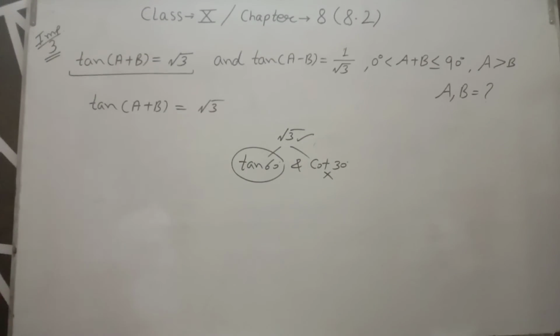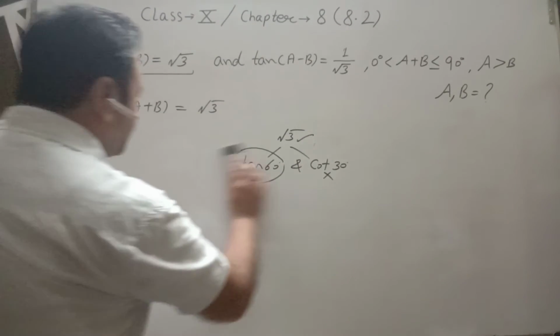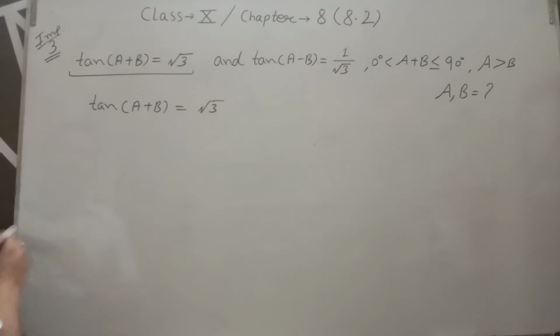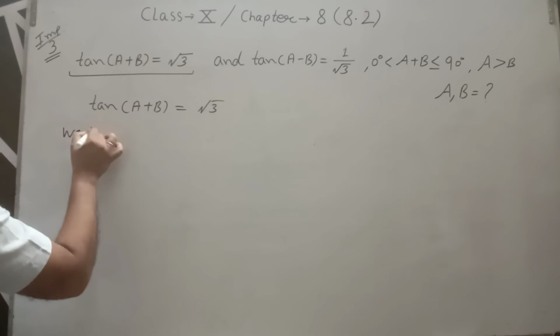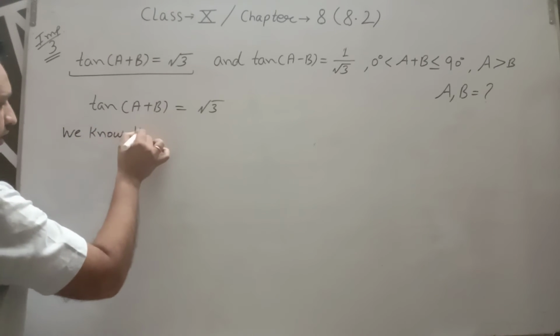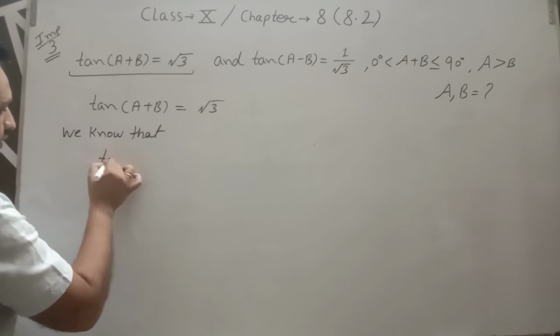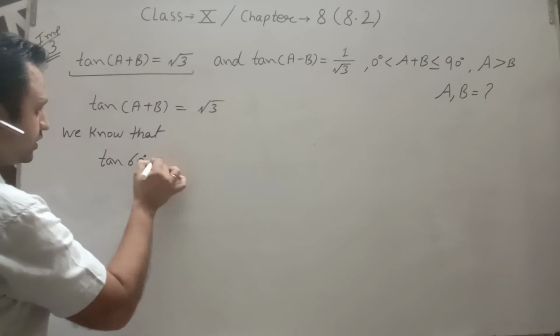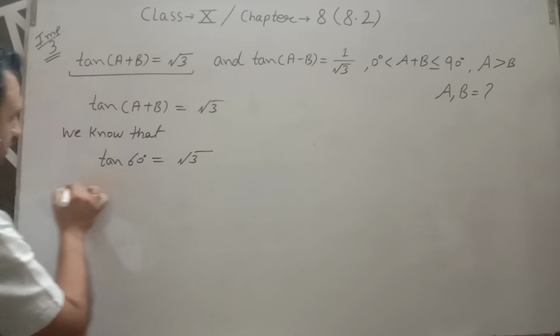So now we write: we know that tan 60 degree is equal to under root 3.